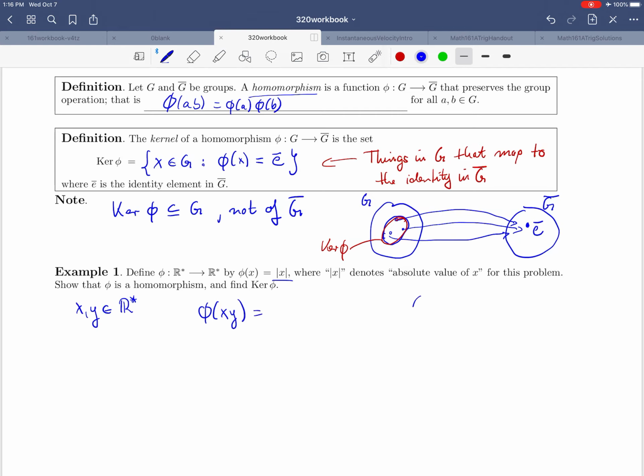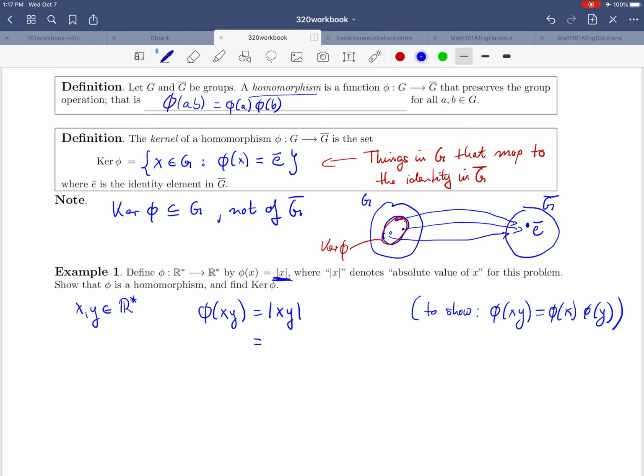What we want to show is that phi of xy is equal to phi of x times phi of y. So what's the definition of phi of xy? Phi of x is defined as the absolute value of x, so phi of xy is the absolute value of xy.